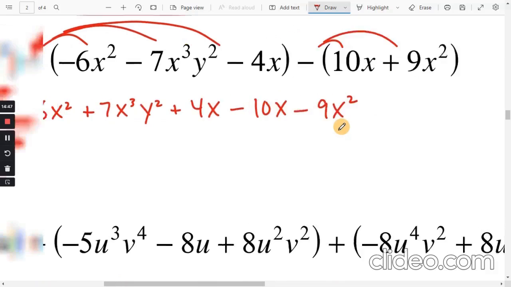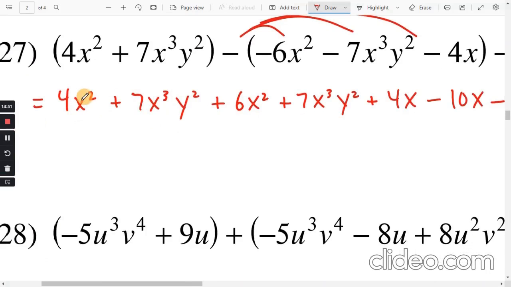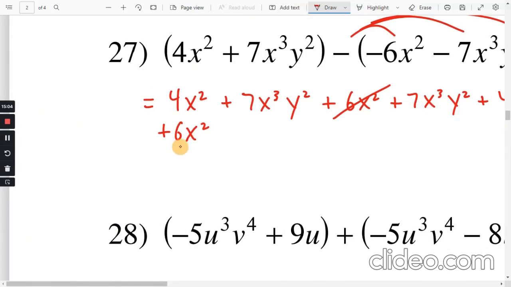All right, so if you want to combine like terms vertically, here we have 4x squared plus 6x squared. And let's look for the other x squared right here, negative 9x squared. So that would be negative 9x squared. All right, and then we have 7x to the 3rd y squared.